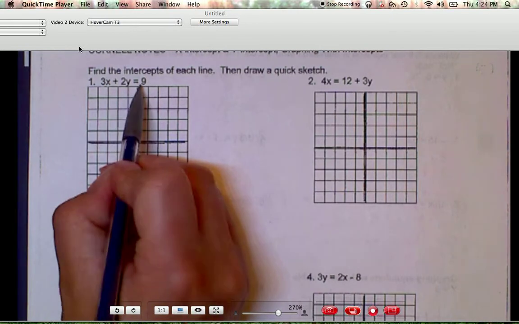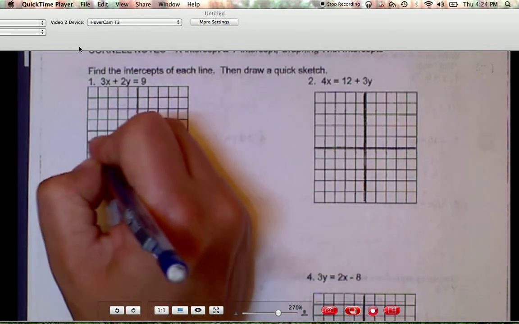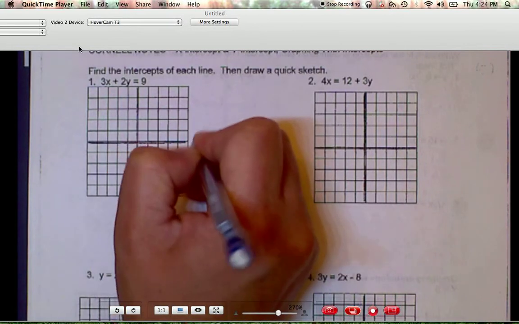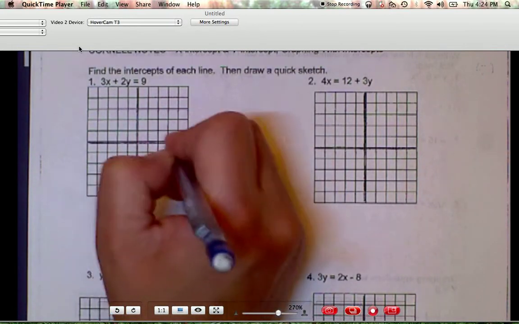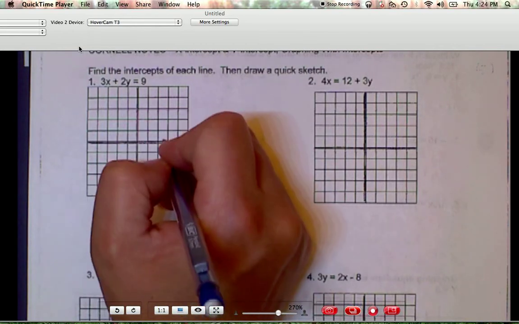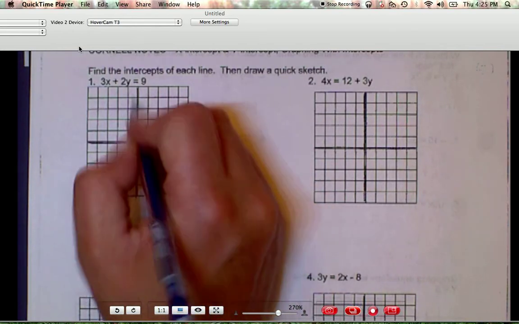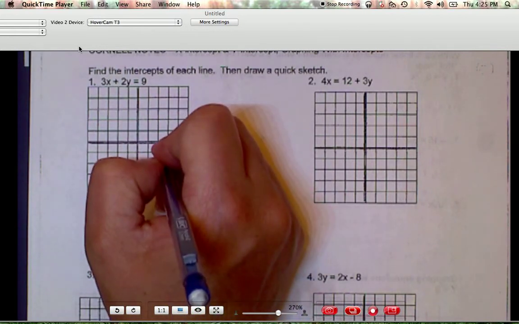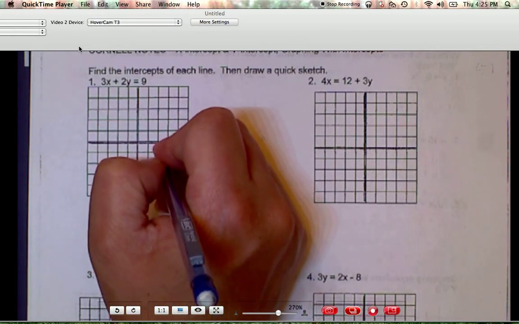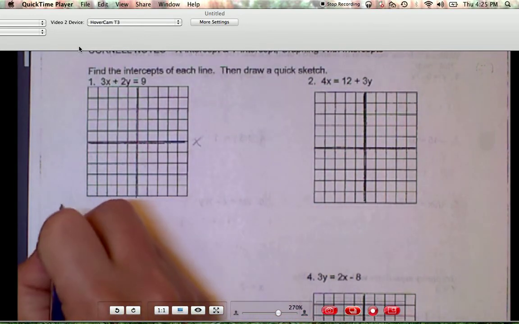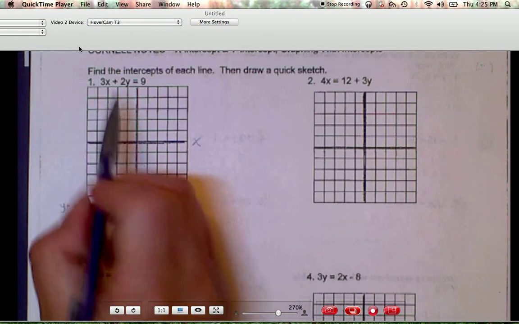So once this is in standard form, basically, if we want to know where it crosses the x-axis, y would have to be 0 here, because it's not going to go up or down. So if the line were here, then the y piece of that would have to be 0 if it's sitting on the x-axis. So the first thing we want to do is plug in y equals 0 into this equation.